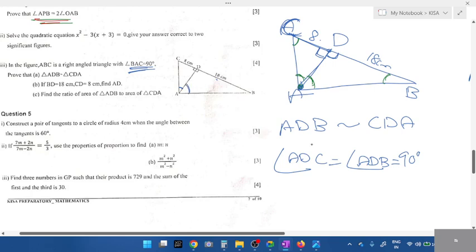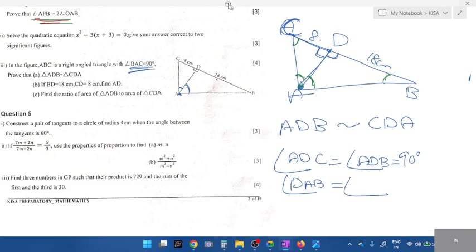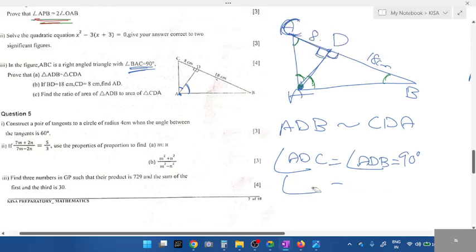From triangle DAB or ADB, you can take angle DAB. Angle DAB is equal to angle C. Only the proving part.